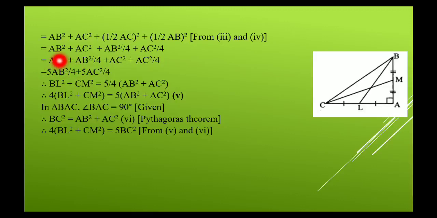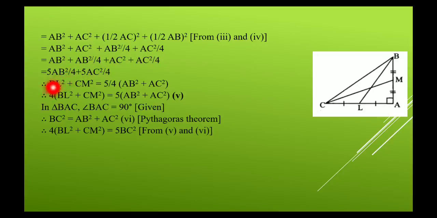So AB square plus AC square plus half square is 1 upon 4 AC square. This I have written this side, anyway it is fine. Now AB square upon 4 plus AC square upon 4.